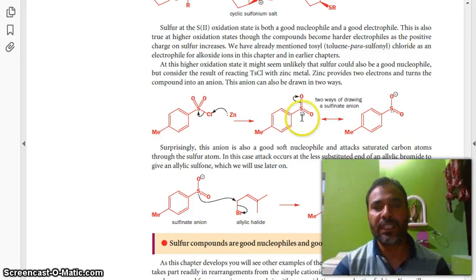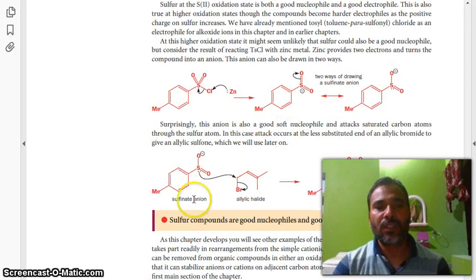This is the sulfinate ion: either sulfur contains the negative charge or oxygen contains the negative charge. So the sulfinate anion approaches this center, and meanwhile the carbon bromine bond breaks, forming allylic sulfone. You see this is allyl, this is sulfone. This compound will form.